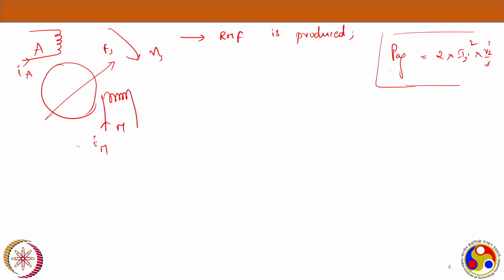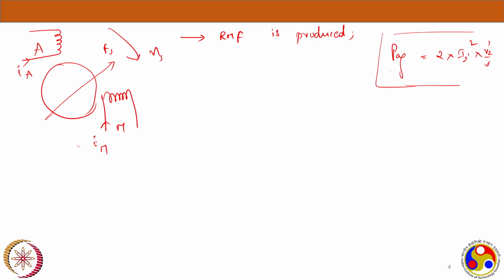So transformers have the concept of Scott connection, where whenever we have a balanced two-phase requirement and we want to run the machine, we require a balanced two-phase supply.